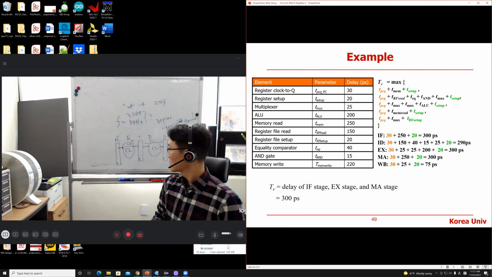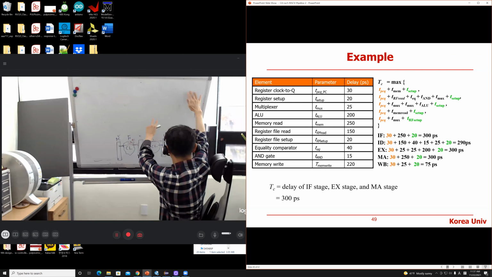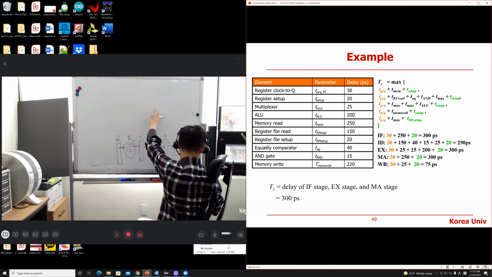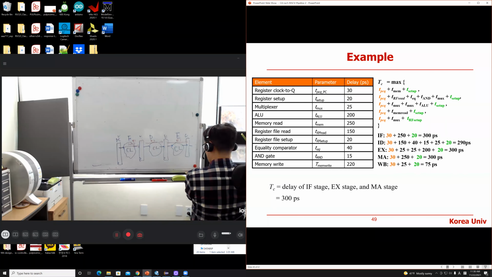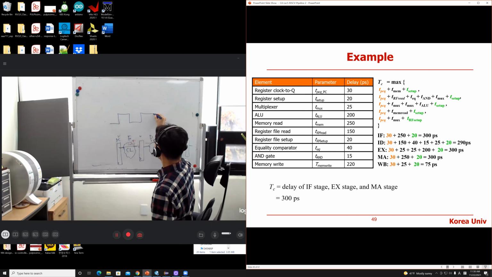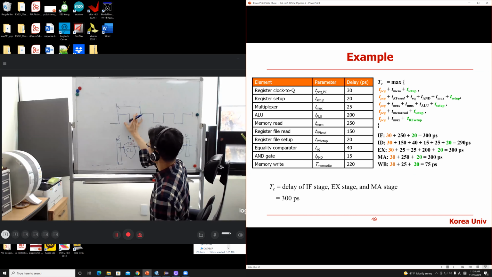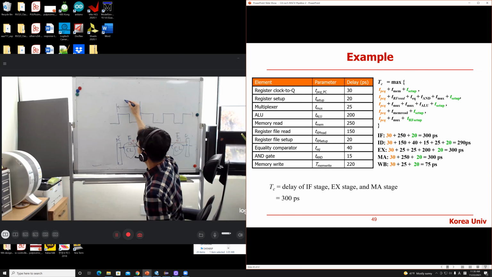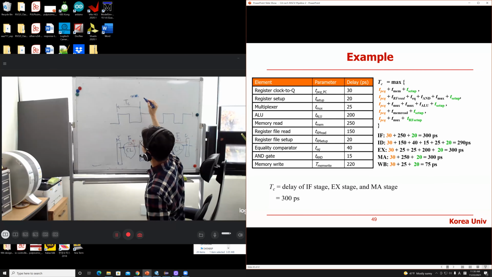So the minimum amount of clock period, clock T_C, minimum, Tmin.